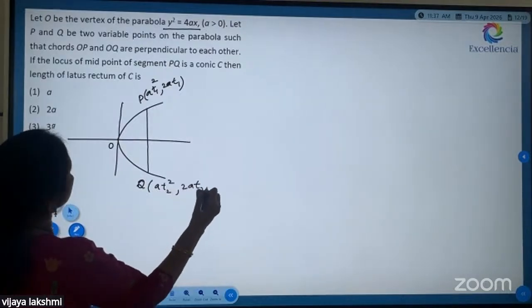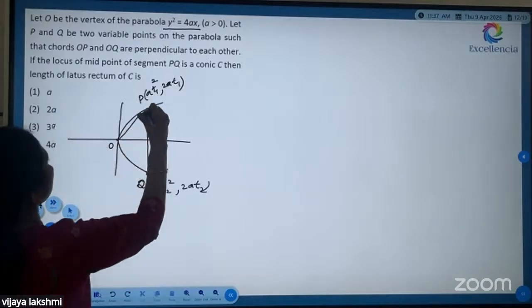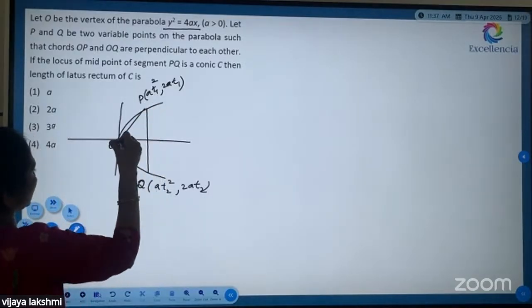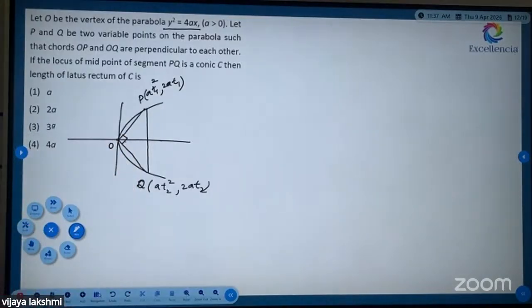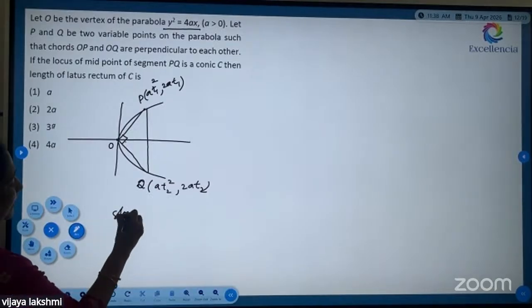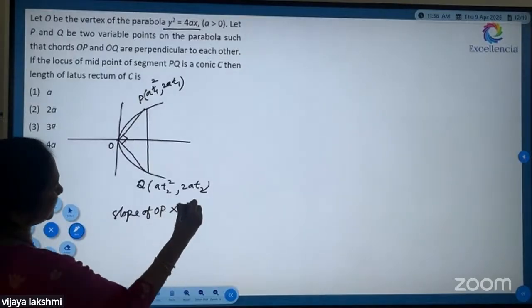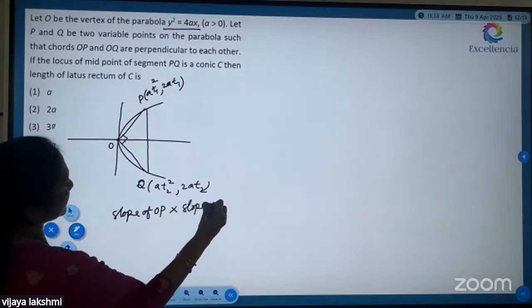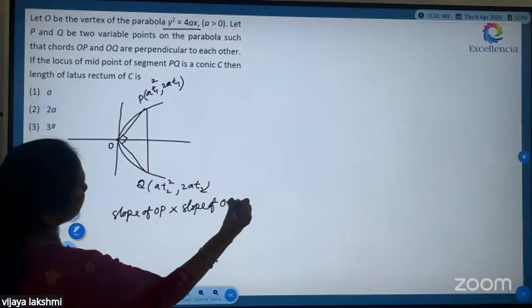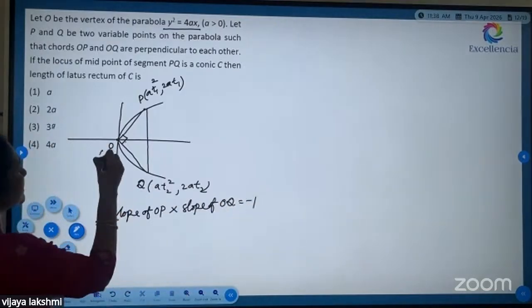What they mentioned: OP and OQ are perpendicular to each other. That's why then what you can write is slope of OP into slope of OQ is minus 1.